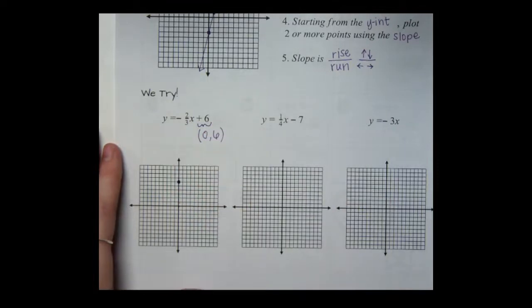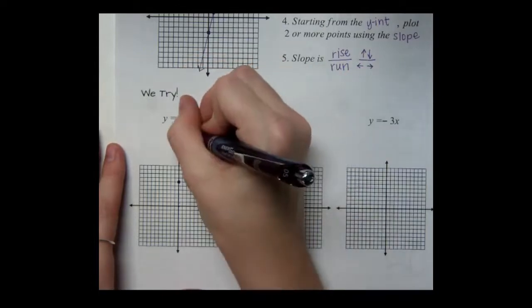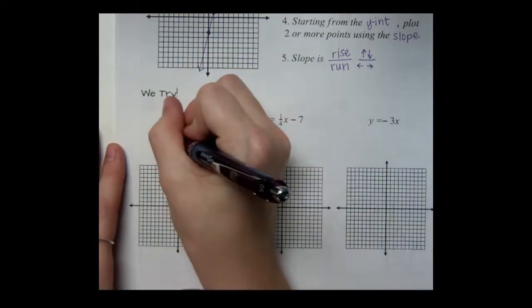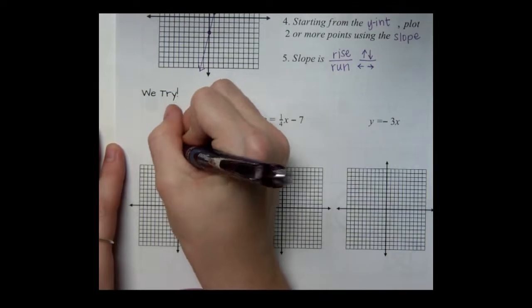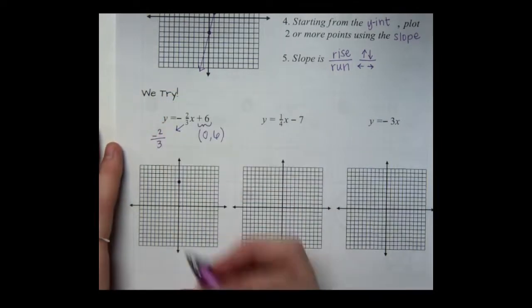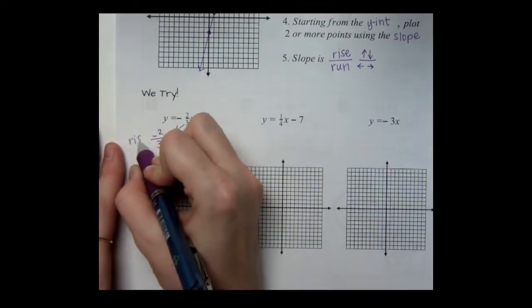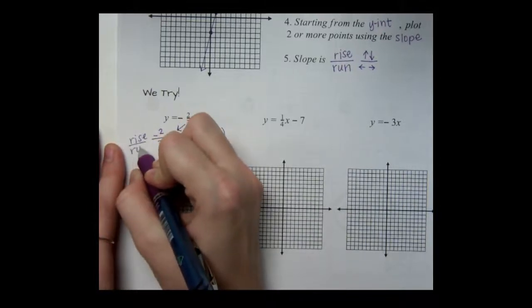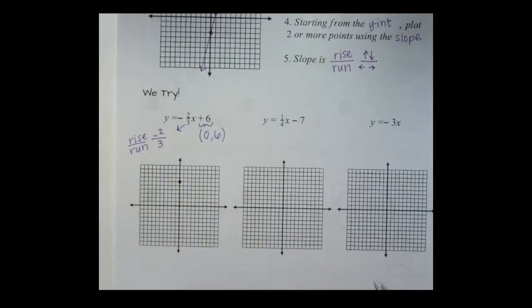And I put the point. If you look at your steps at the top, number 2 is plot the point for the y-intercept. We did that. Number 3 is identify the slope. On this one, our slope is -2 over 3. So I've got rise over run.